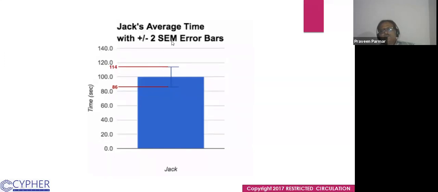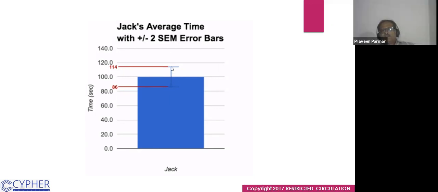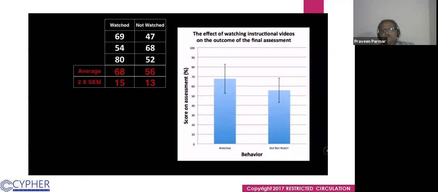So that is how the standard error of mean works. And if it is smaller, then it is better. Your mean is very near to the population mean. The smaller this standard error is, the nearer it is to the population mean.